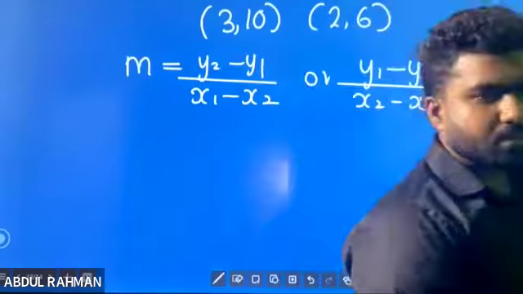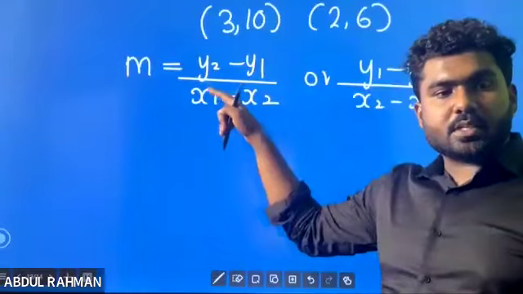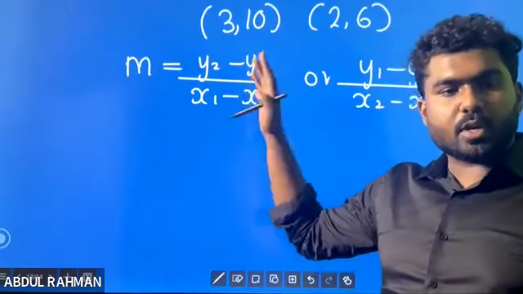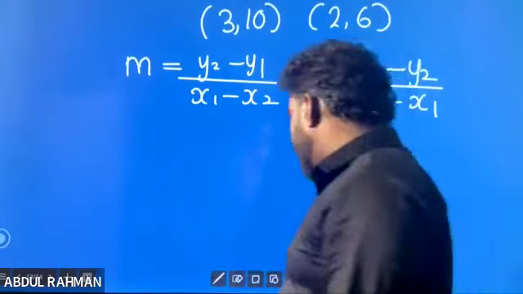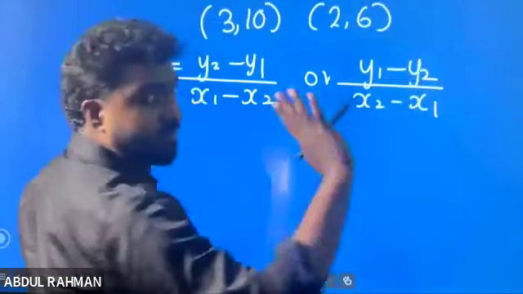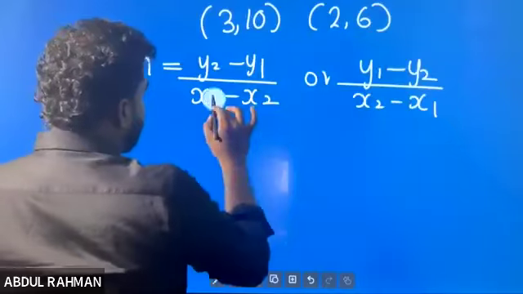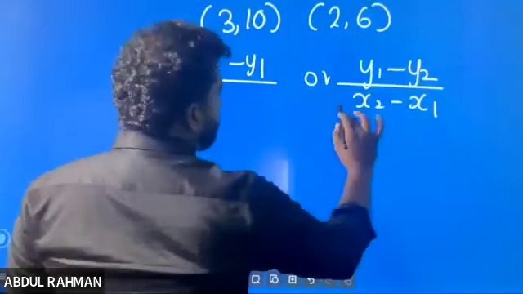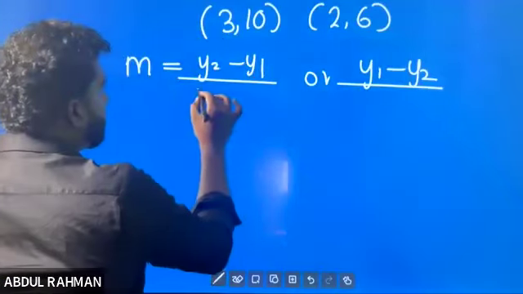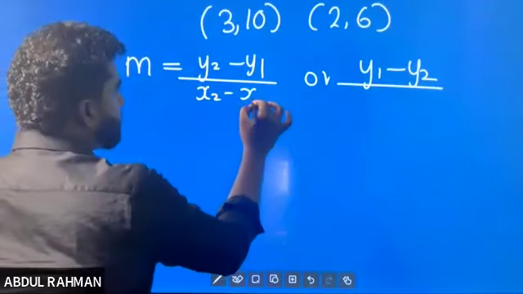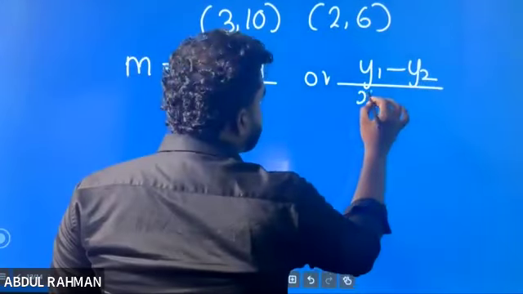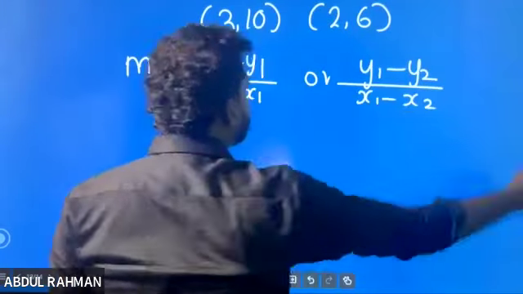Wrong. Why no? You should take the same. If I have taken 2 on the top, I should take 2 on the bottom, the second coordinate on the bottom. I'm taking x2 minus x1, x1 minus x2, this is wrong.